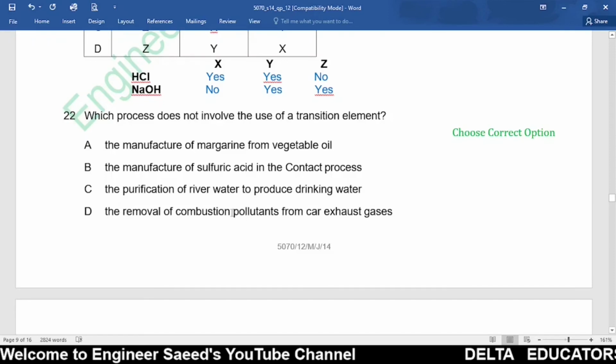For this, we have to use a catalyst and its name is platinum. Platinum also belongs to the transition elements. So only in option C is a transition element not used. So our correct option will be option C. In C, a transition element is not involved.